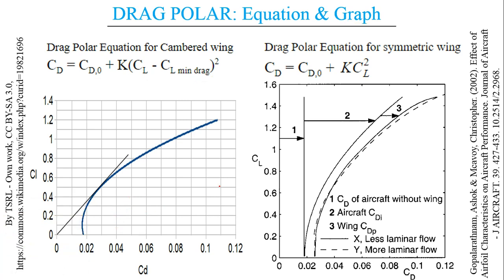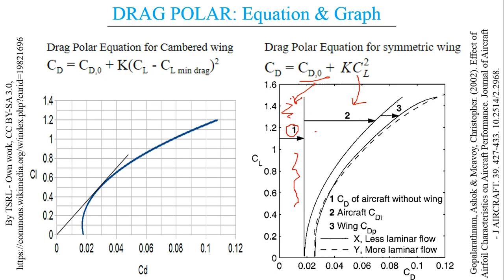We also need to see the physical significance of it. When we plot some particular value of this drag polar equation, the first portion, indicated over here, this whole region, basically has a value of CD naught. The second portion over here is the value for K CL square.